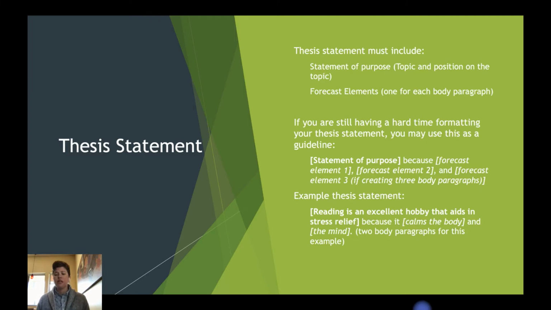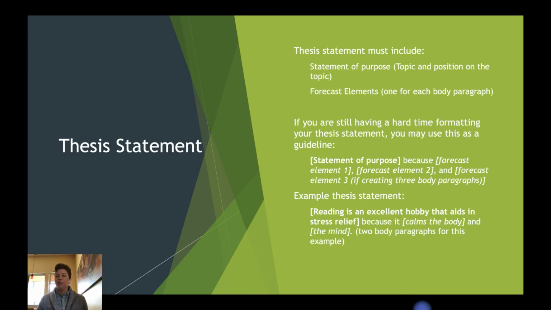Now, as far as thesis statements go, they have to include a couple of things. They have to include a statement of purpose, which is the topic and position on the topic, and your forecast elements. There should be 1 for each body paragraph. So if you're still having a hard time formatting your thesis statement, you can totally use this as a guideline, right? Statement of purpose, because, forecast element 1, forecast element 2, and if you're creating 3 body paragraphs, forecast element 3.